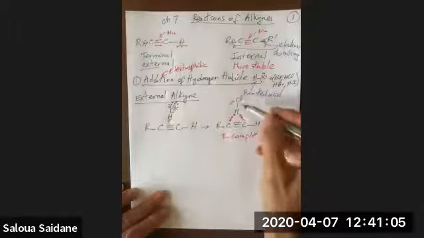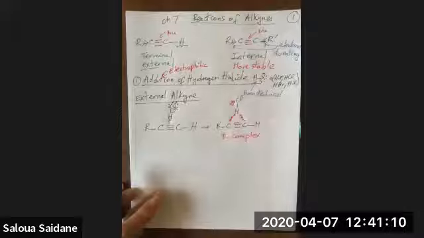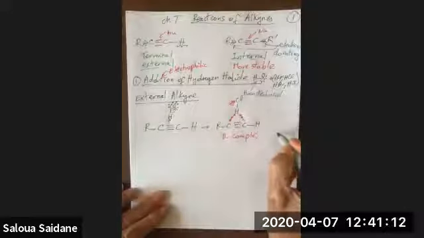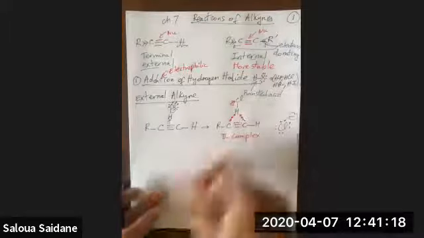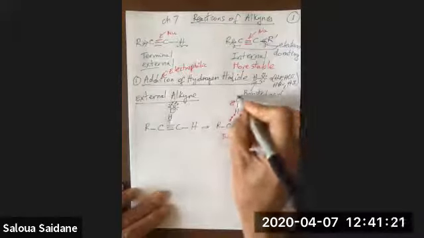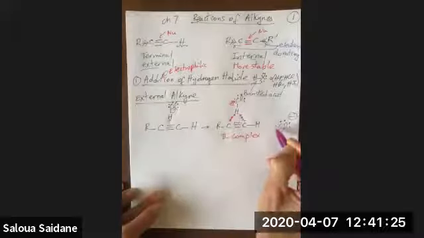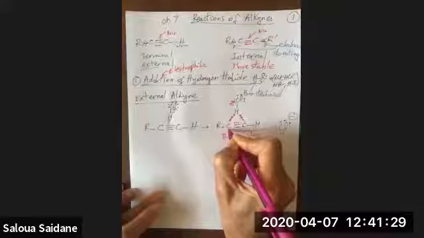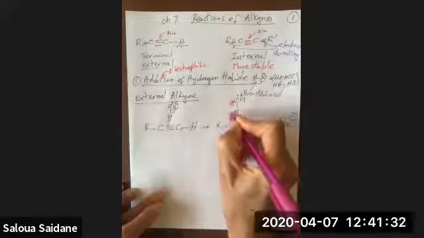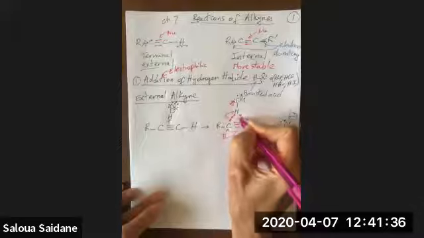So what happens next? If this opens, we're going to have a Cl minus here. With HCl being a strong acid, you will produce Cl minus in the mixture. So what's going to happen is the Cl now comes to the carbon, and then this opens, and then this opens.